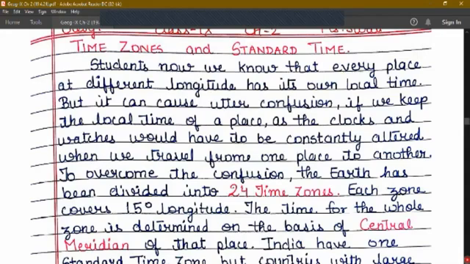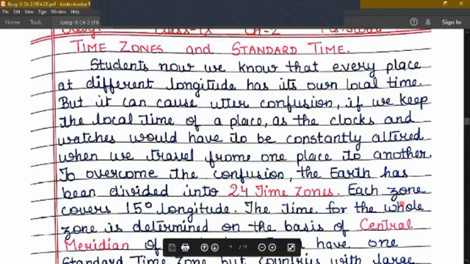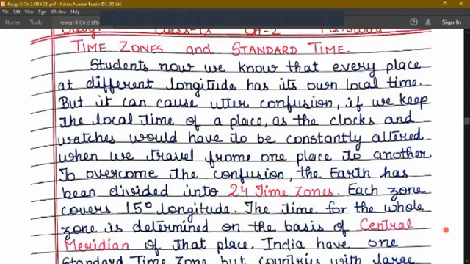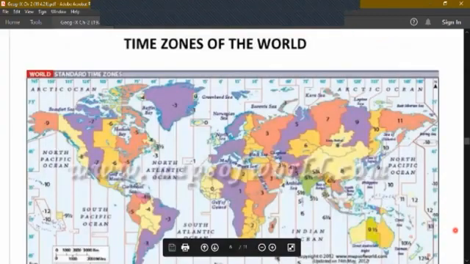But it can cause utter confusion if we keep the local time of a place, as the clocks and watches would have to be constantly altered when we travel from one place to another. So to overcome the confusion, the earth has been divided into 24 time zones. Here it is.